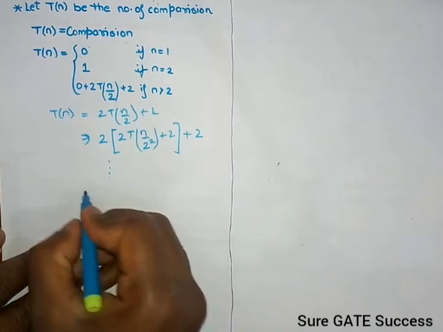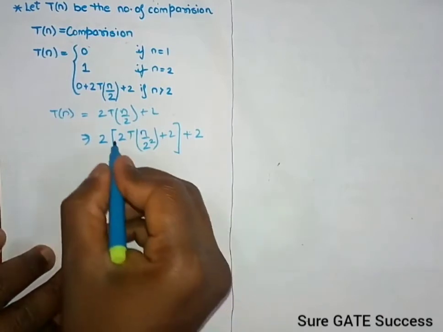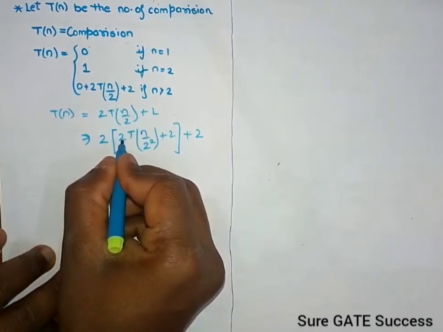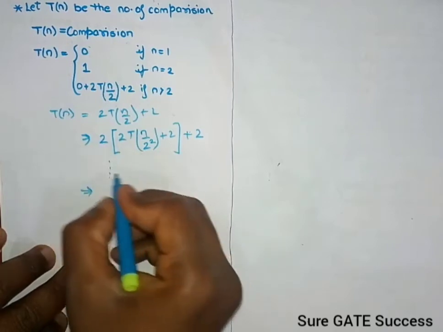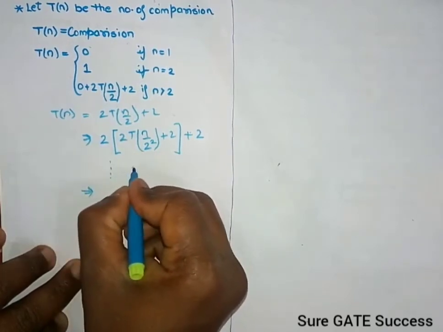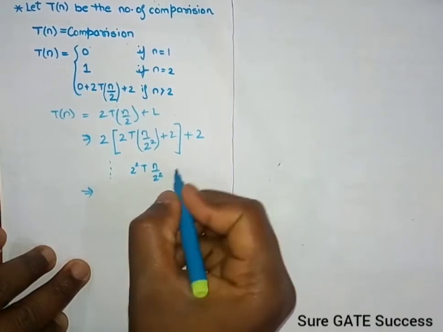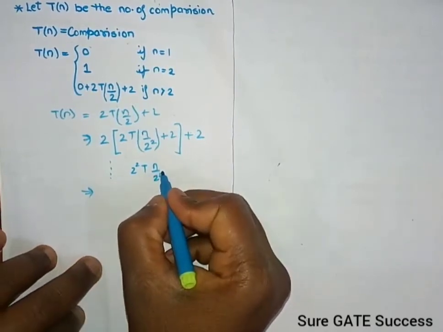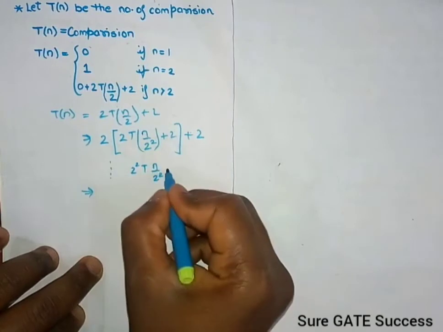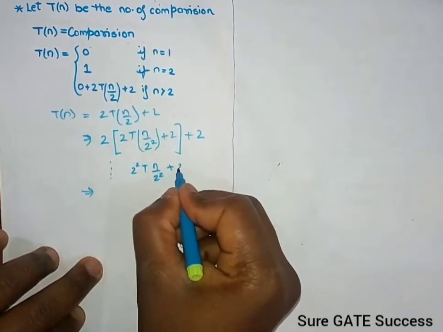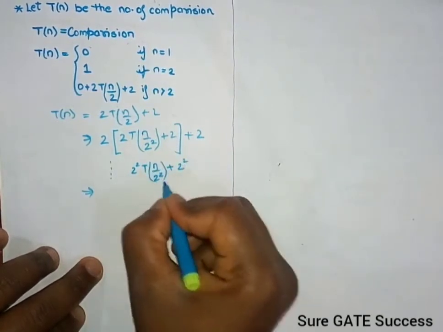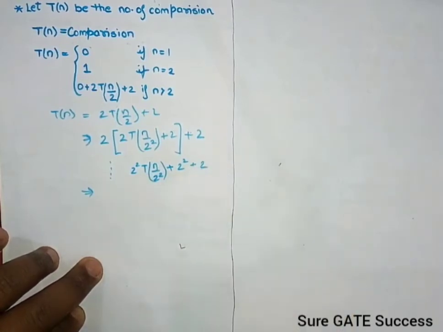Similarly, taking it outside, it will be 2 squared T(n/2 squared) plus 2 squared plus 2.